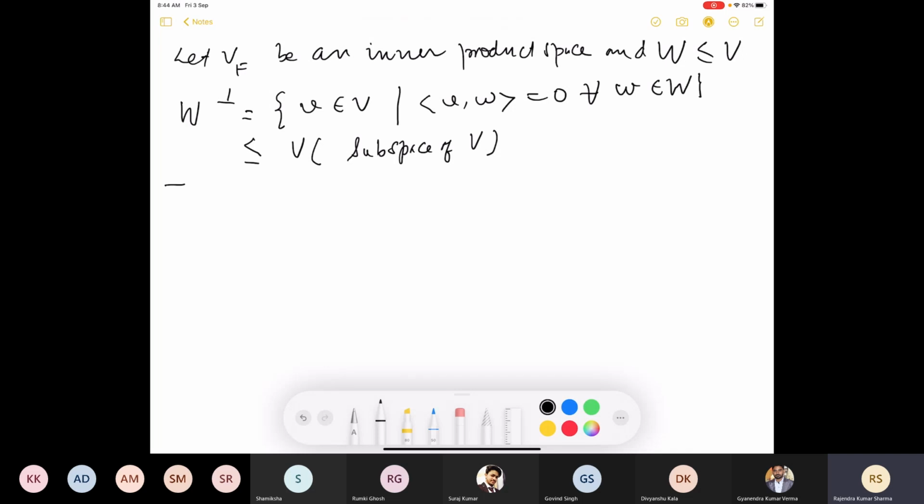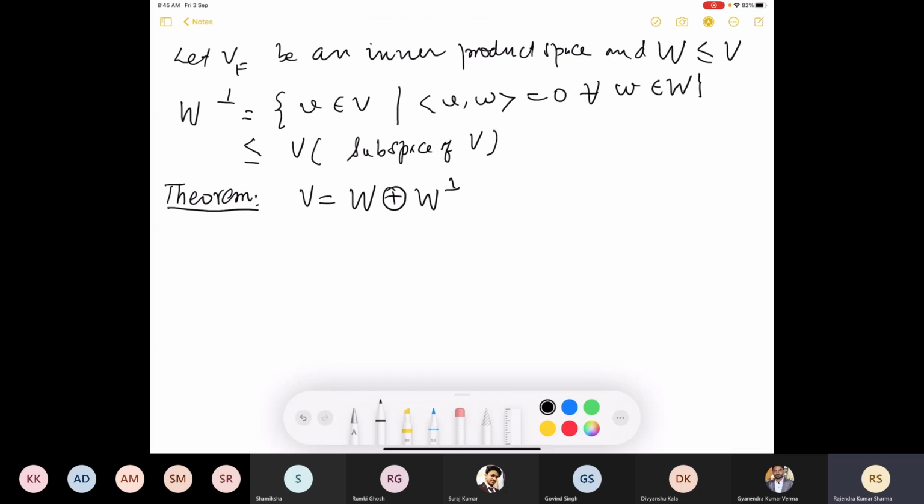What we intend to prove is this theorem, maybe tomorrow, that for the inner product space V over F, W and W orthogonal sum to V. So V is the direct sum of W and W orthogonal.